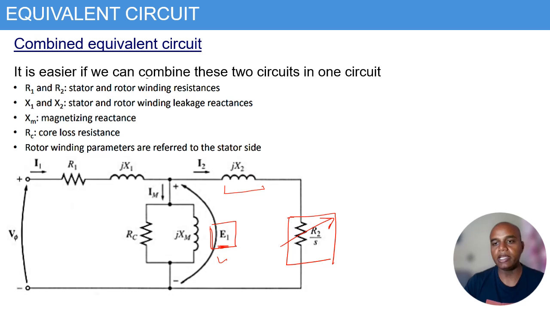However, to make the equivalent circuit diagram, we are ordering our equation so that we can compare the induction motor equivalent circuit diagram with my transformer equivalent circuit diagram, just for a simpler approximation and simple calculation.